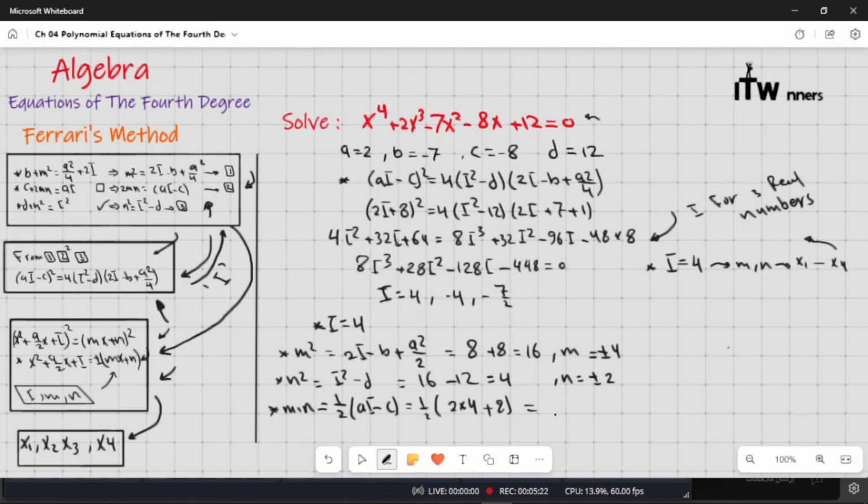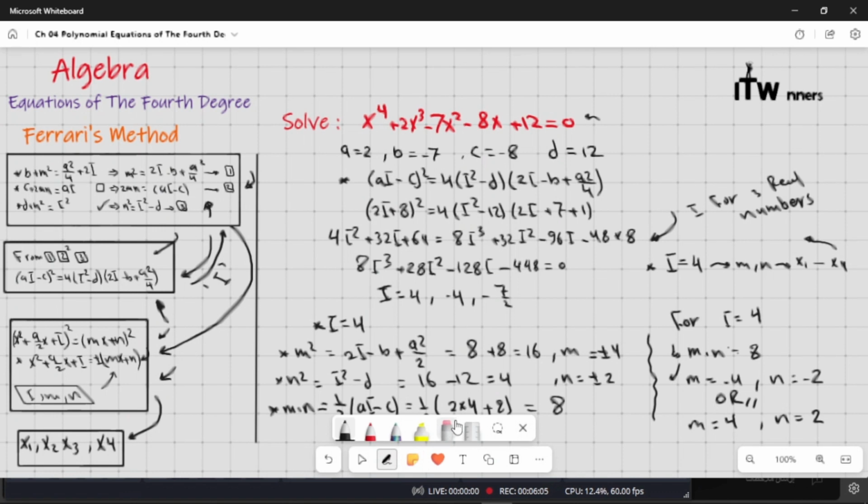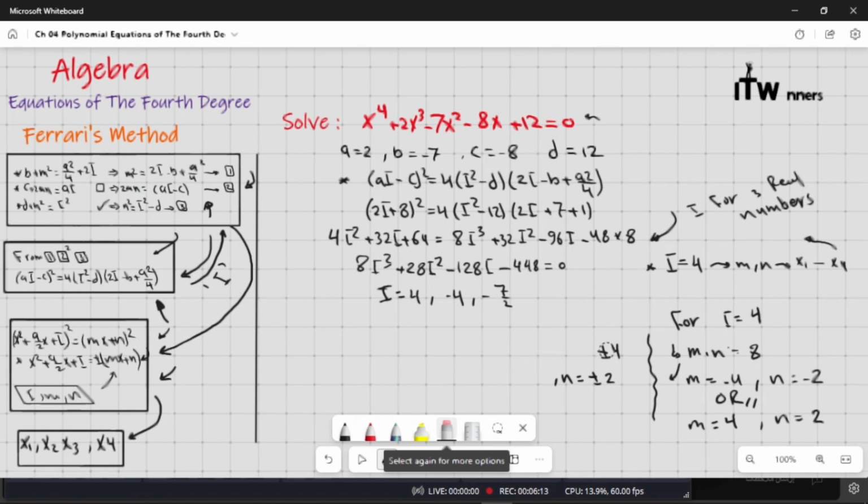So m into n equal to 8. So here we have m equal to negative 4, n equal to negative 2, or m equal to 4 and n equal to 2. Okay, so just clear to get our roots.